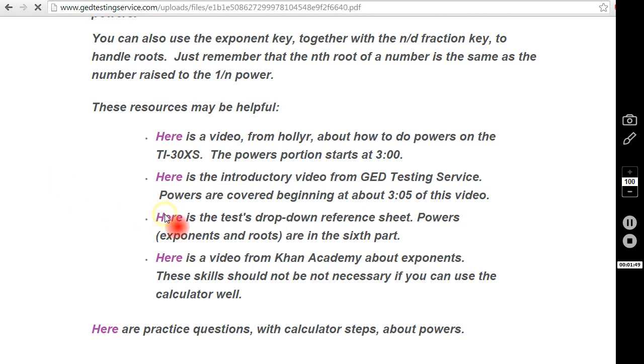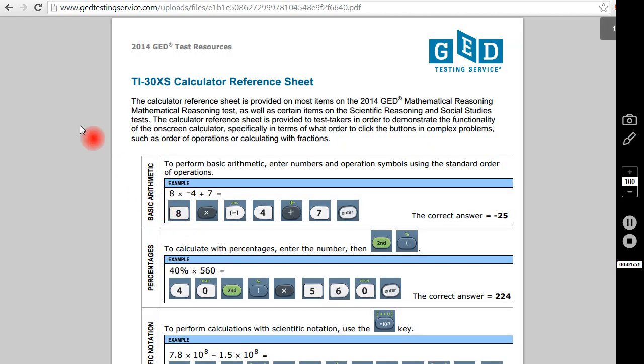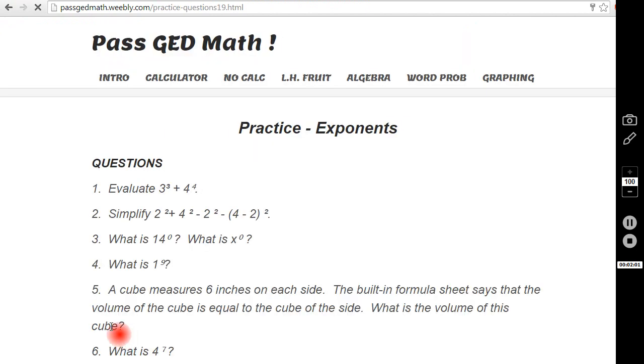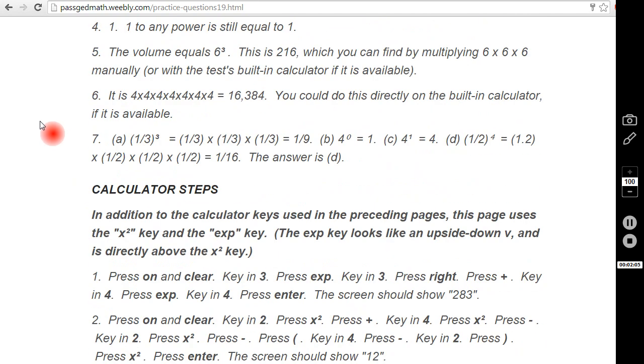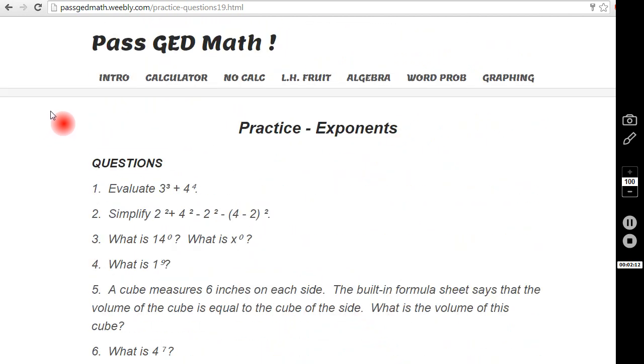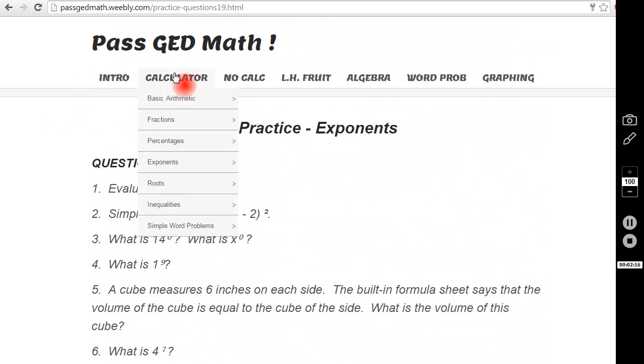Here in particular is the drop-down reference sheet, which is available on the test itself. Moving on down to the bottom of the exponents page, there are practice questions about using exponents. And here are not only questions and answers, but the precise calculator steps. This is true in every section, in every page of this calculator section. If you get good with this calculator, you should be able to get 50 points on the test at least.